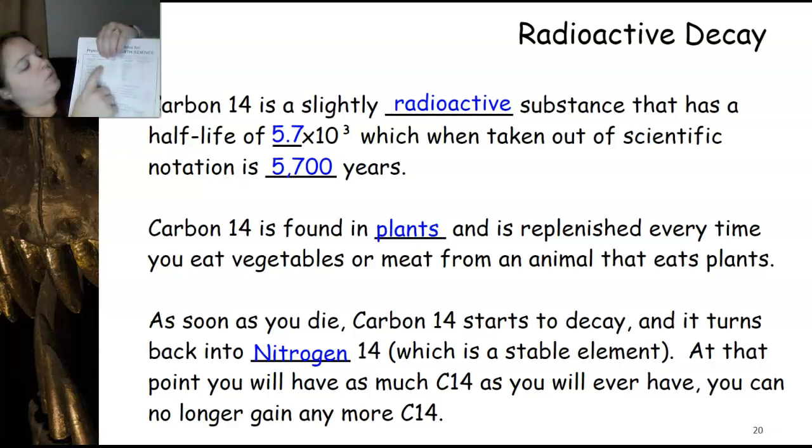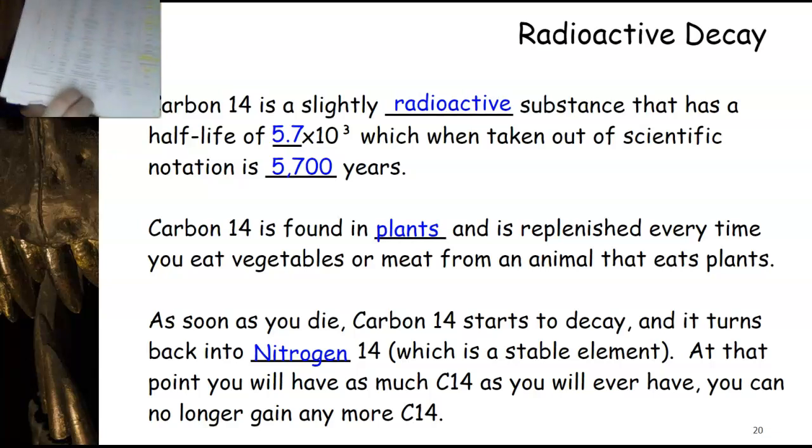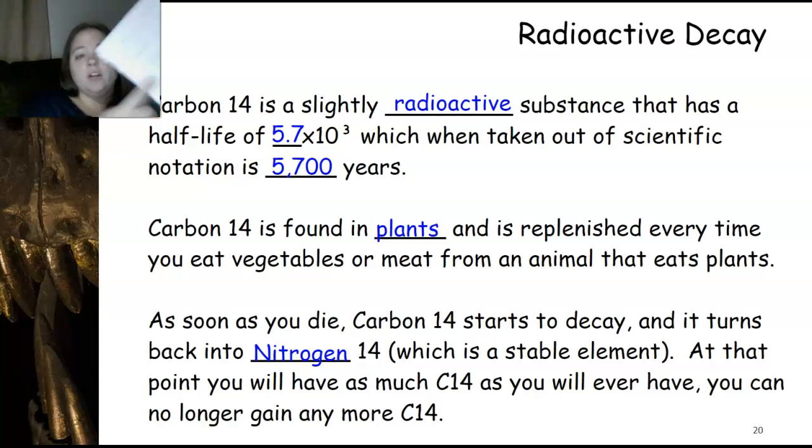You see that carbon-14 goes to nitrogen-14. And then you've got potassium goes to argon or calcium-40. And uranium goes to lead, and rubidium goes to strontium. And again, if you need help with those, they're on the back page, the letters.